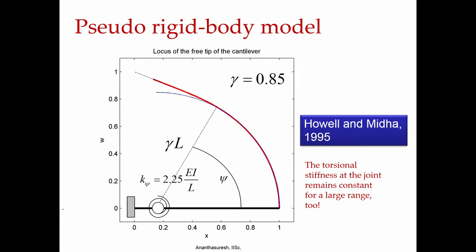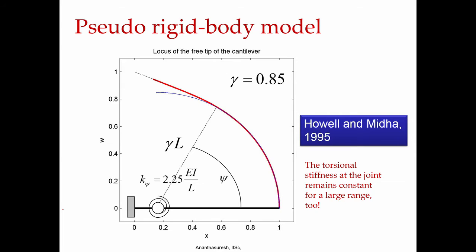That is, if I have a cantilever beam of length L fixed at one end and free at the other end, meaning that it can have load in any direction, that is, there will be a transverse component to that load as well as an axial component, which can be tensile or compressive, then we can replace that cantilever beam with a rigid crank of length gamma times L, where gamma is called the characteristic length factor for the beam, which on average is taken as 0.85.